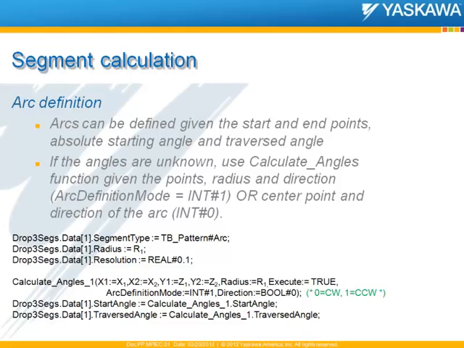So it's a little more common way of putting that in. And then what it'll do is return to you those necessary calculated angles. So in this case, we define an arc with a certain radius, and starting at x1, z1 and ending at x2, z2 with a radius of r1.